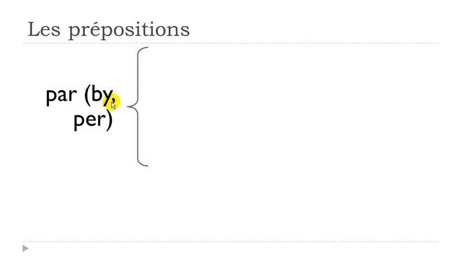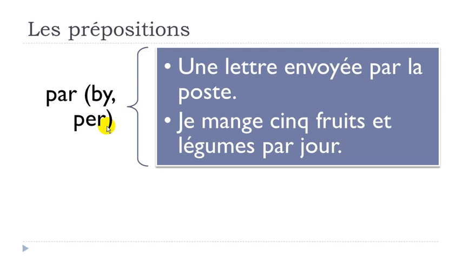Par will mean by or per. For example, une lettre envoyée par la poste. Une lettre, a letter, envoyée, sent, par la poste, by mail. So in that case you get to use this par. It could be par courrier électronique, by email if you want.